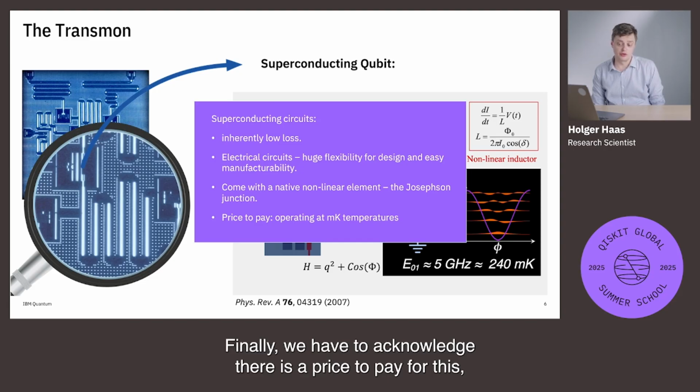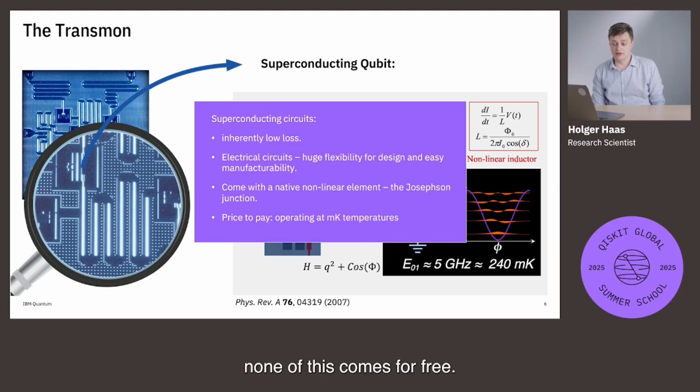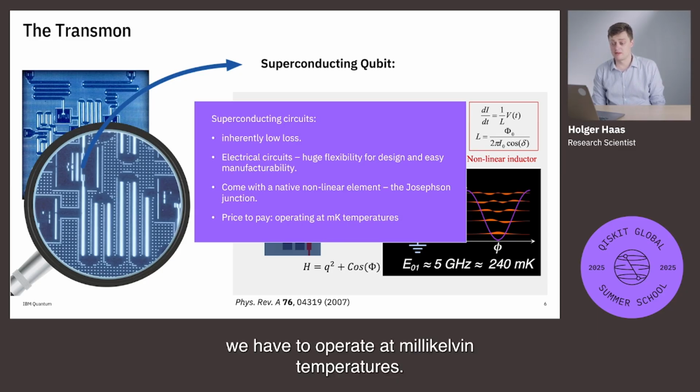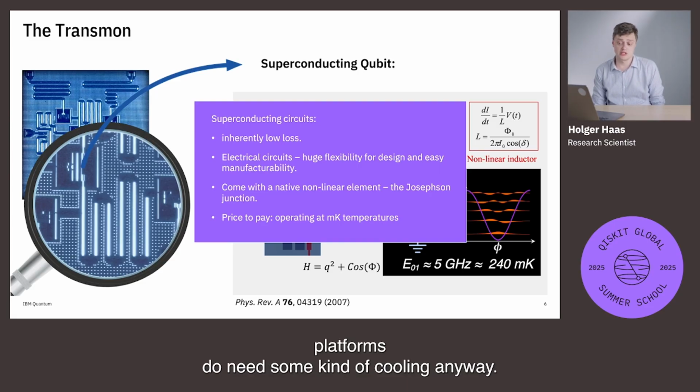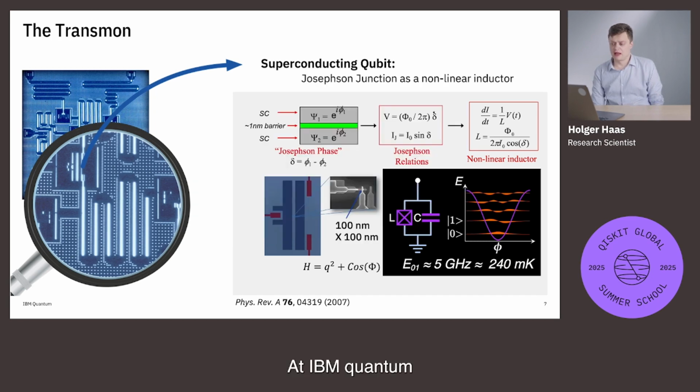Finally, we have to acknowledge there is a price to pay. None of this comes for free, and for being able to build and control these superconducting circuits, we have to operate at millikelvin temperatures. However, most quantum computing platforms do need some kind of cooling anyway. At IBM Quantum, we build and operate qubits called the transmon qubit.